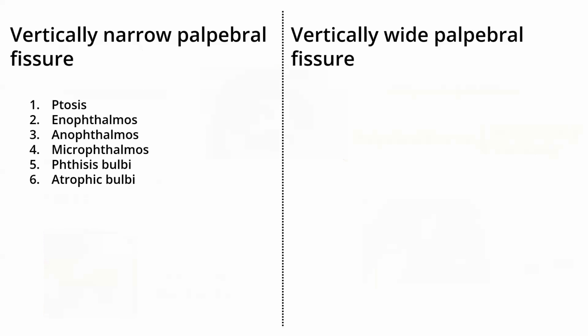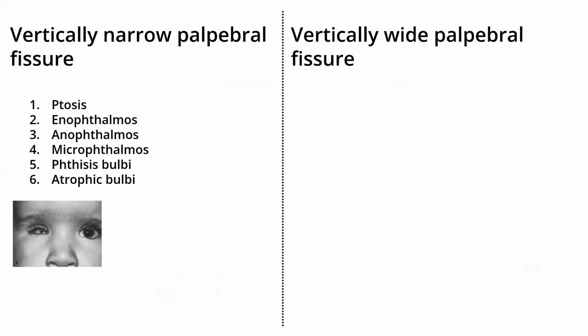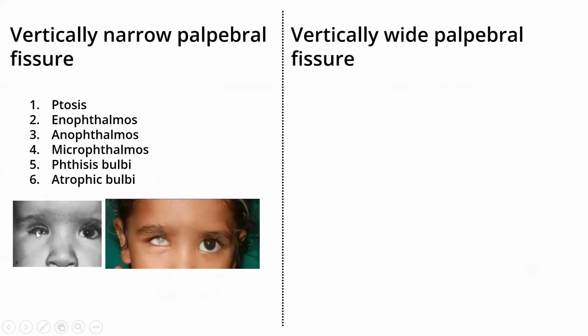In anophthalmos, when there's no eyeball at all. In microphthalmos, when the eyeball is small, then also it will appear that the palpebral fissure is small. Phthisis bulbi or atrophic bulbi, where the eyeball is distorted or shrunk, also we'll see that the palpebral fissure height is reduced compared to the normal height.